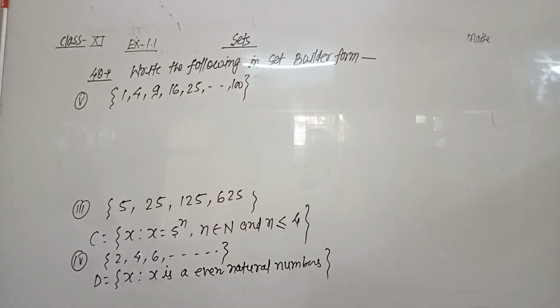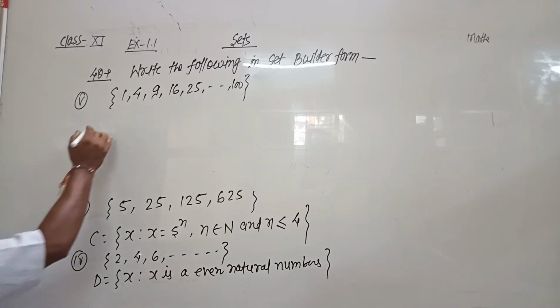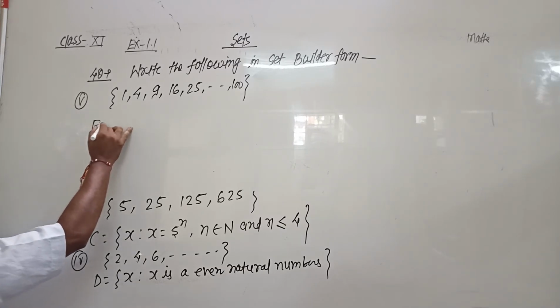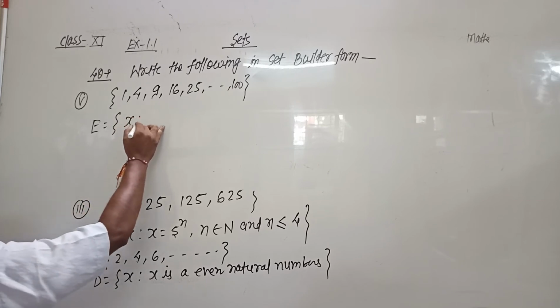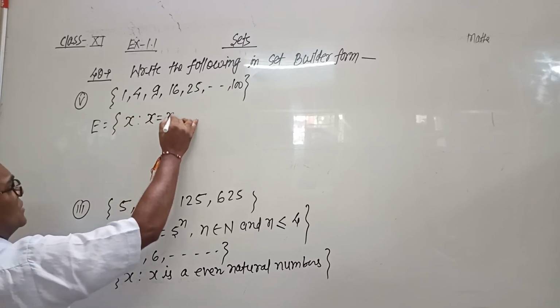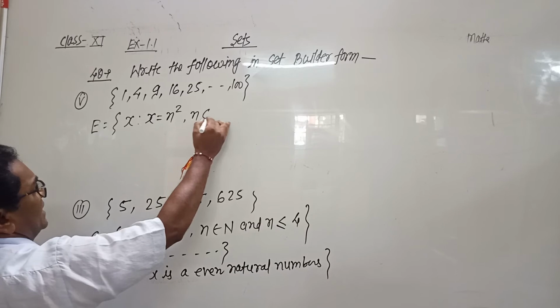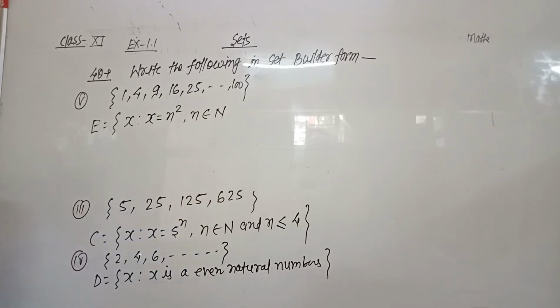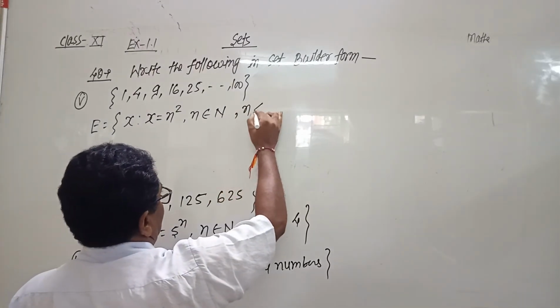So E equals {x such that x equals n square, where n belongs to natural numbers and the value of n is less than or equal to 10}.